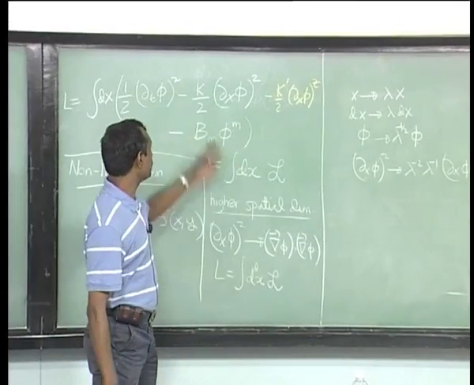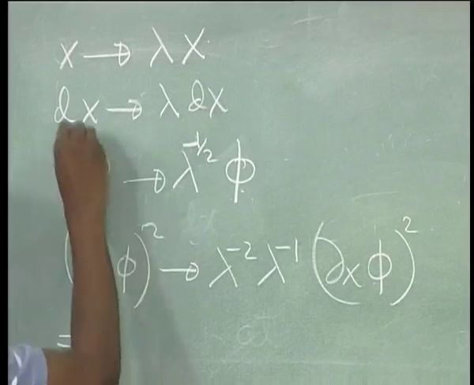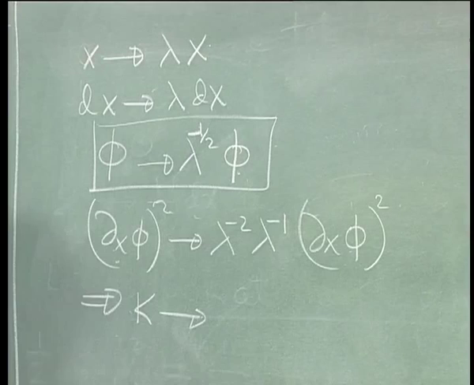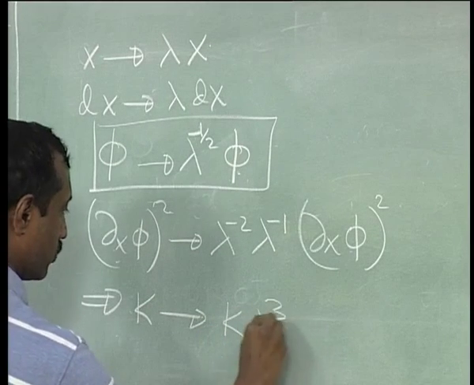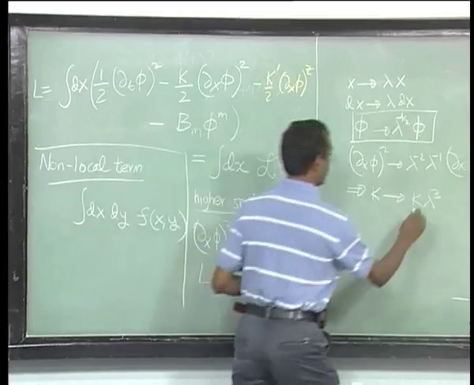So the only way things can be invariant is if k scales like lambda cubed. There is a lambda from the dx which will reduce this number to 2.